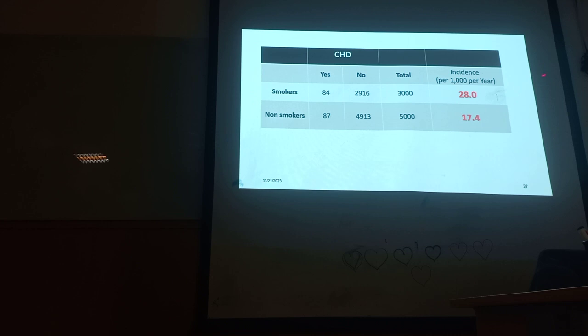So we have these two incidences. What is the incidence ratio? The 28 exposed divided by non-exposed. So the relative risk, or risk ratio, is incidence in exposed divided by incidence in unexposed, which is 1.6.